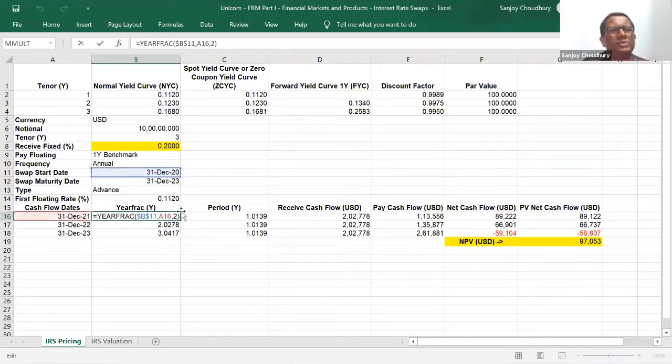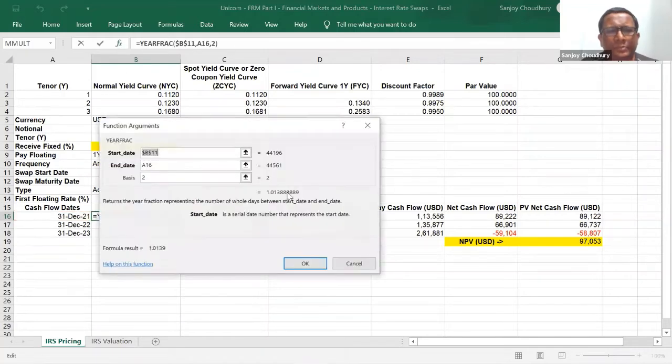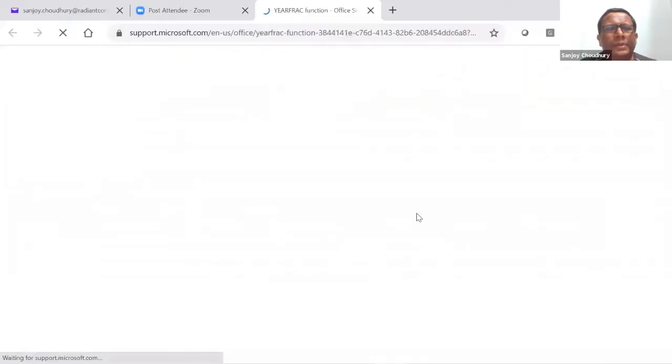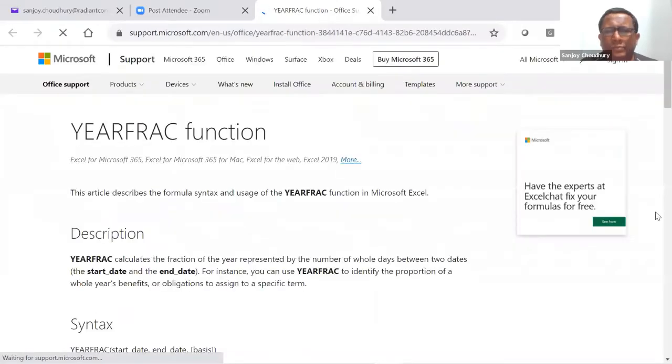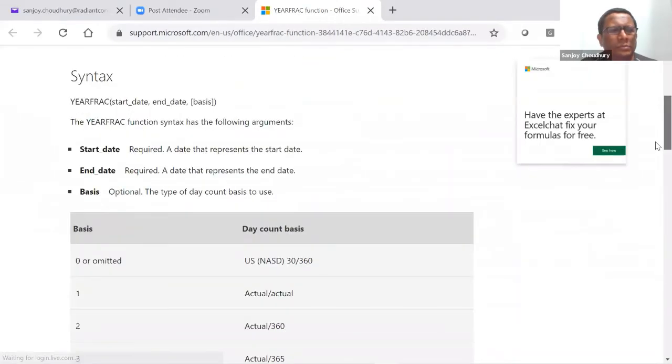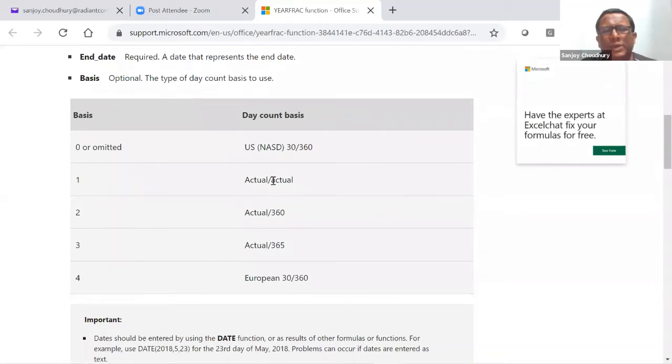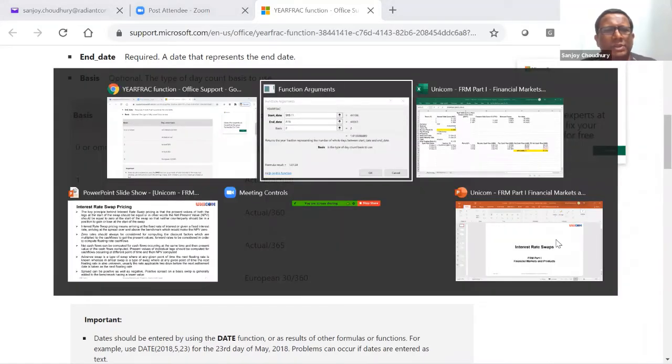For USD, you're using actual by actual, which is typically the convention used for the USD day count convention and discount factors.